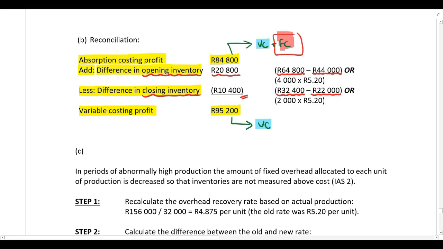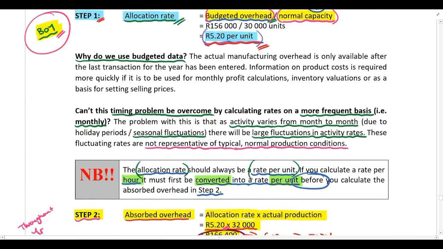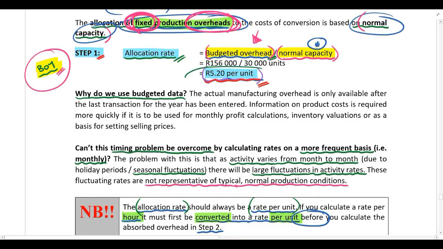So if our fixed costs are the only difference between the two, remember we are trying to calculate the difference between the two. The fixed costs are the difference between the two. So we can take into account the fixed costs in opening inventory and the fixed costs in closing inventory, and we can also perform the calculation in that way. We calculated in step 1 of our calculations that our allocation rate for our fixed production overhead is R5.20 per unit.